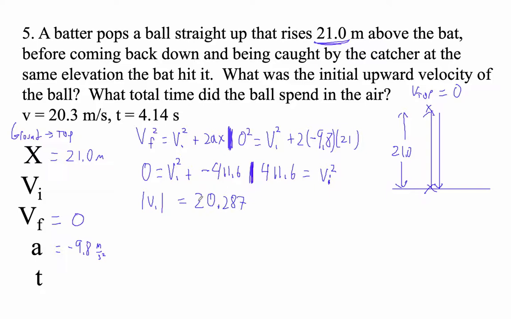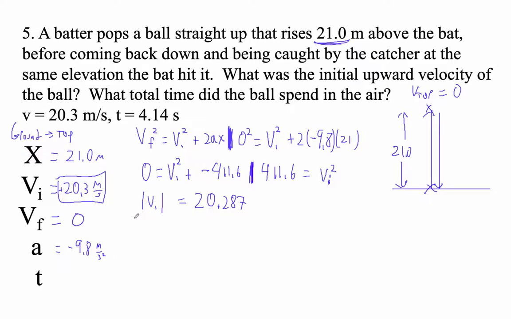Now, it could be going down at 20.287, but I think definitely it's going up if it went up, right? Okay, so I'm going to say that the initial velocity is 20.3. And I think that's positive, because it went up, right?